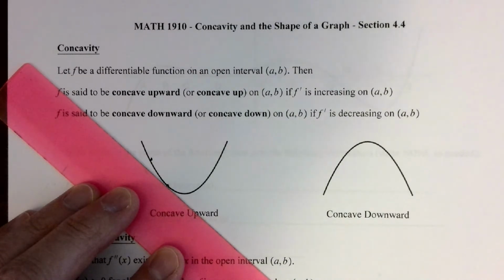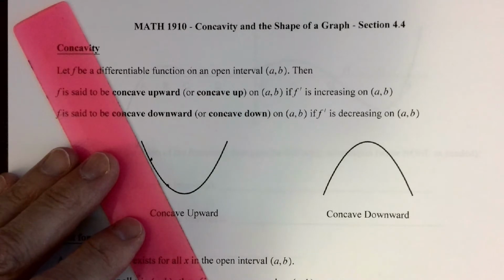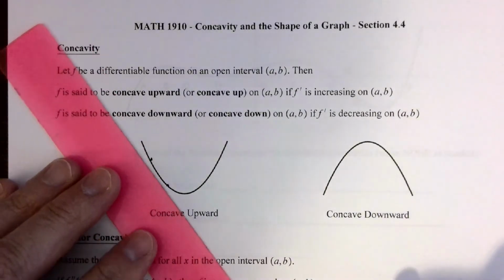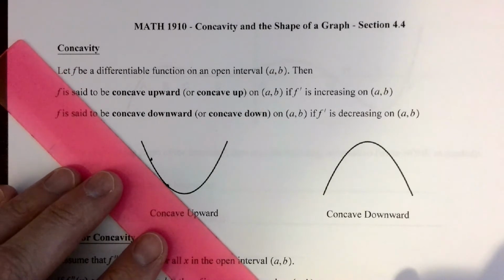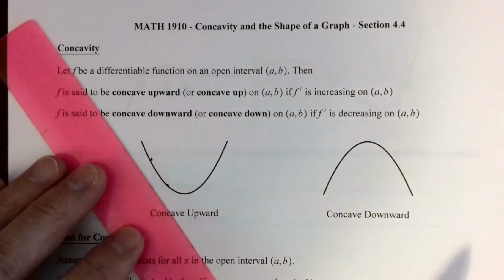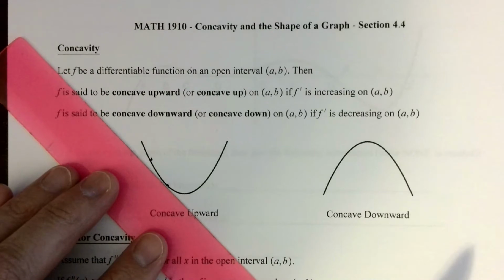For instance, this slope here might be negative 5, go down 5 units and over 1. And then here it would be something like negative 3, go down 3 units and over 1. So it actually is increasing, right? Negative 5 to negative 3 is an increase.